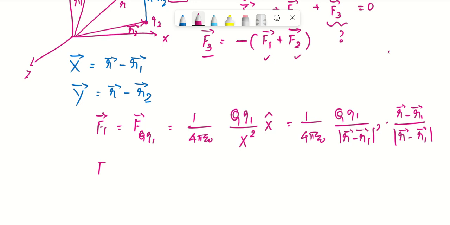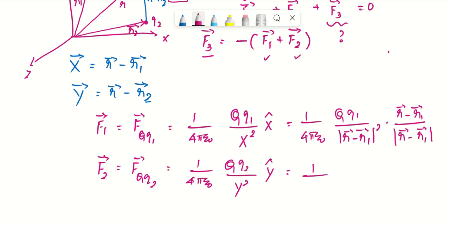Similarly, we can write F2 vector, the force on Q due to Q2, which is 1 by 4 pi epsilon naught, Q2 divided by Y squared, Y cap.